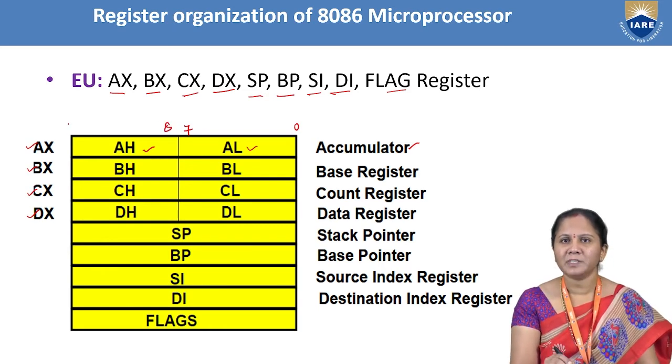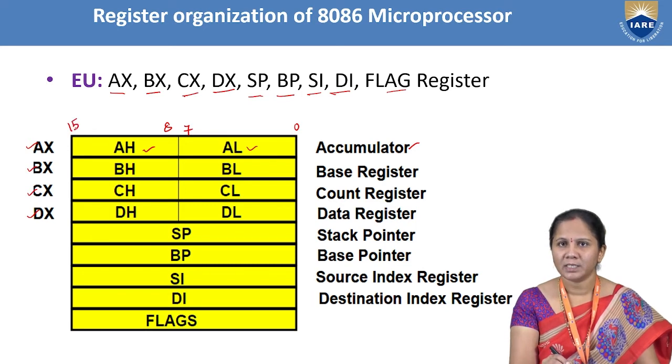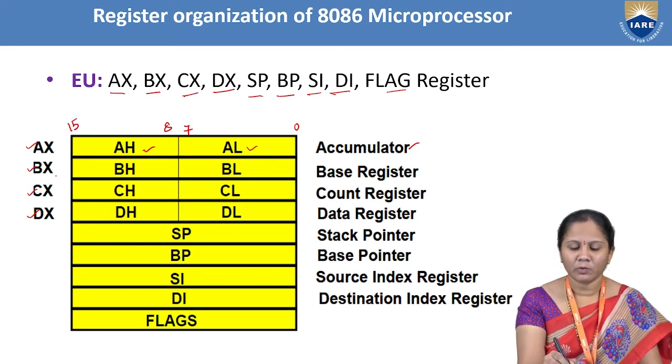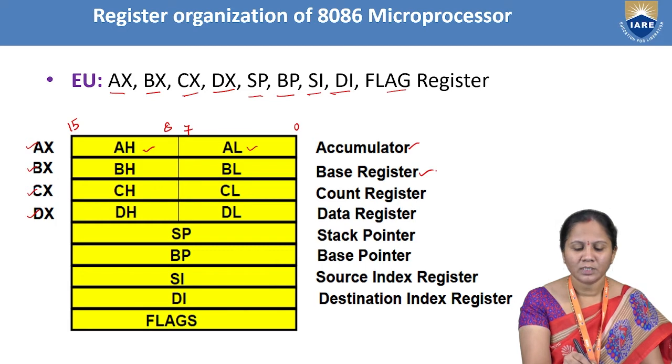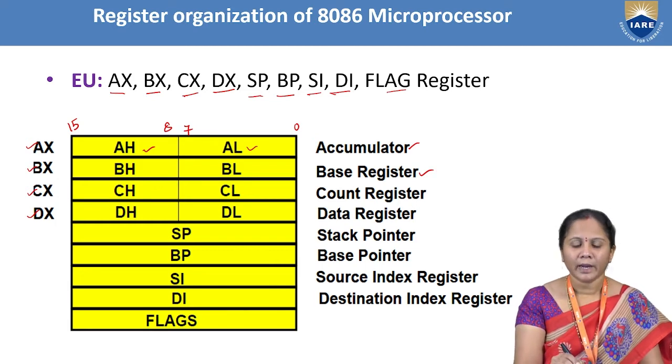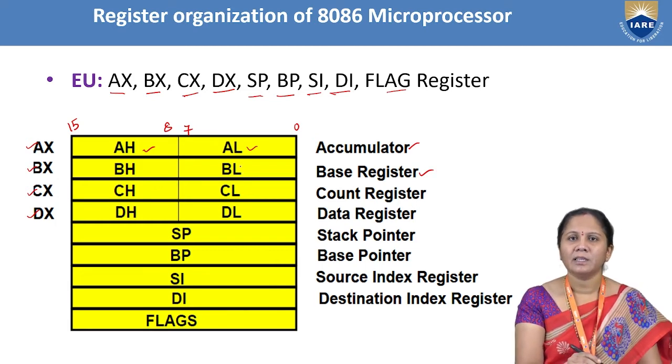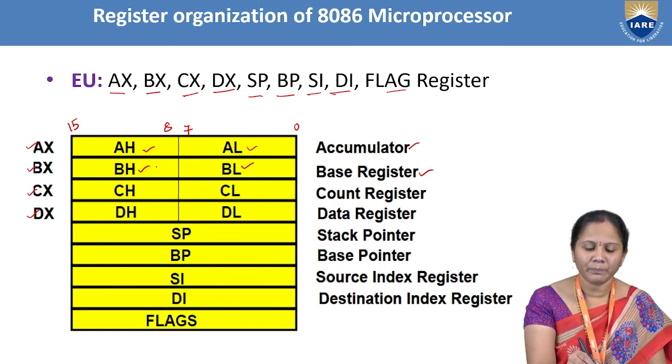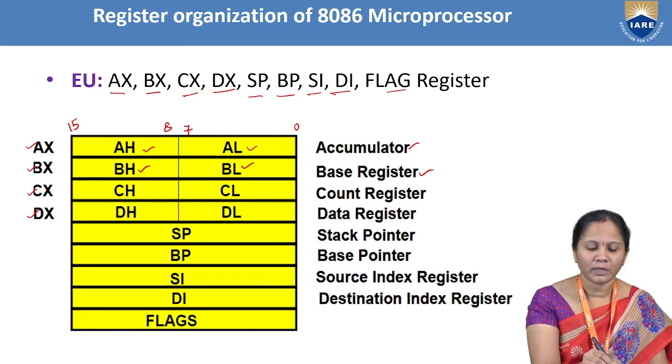So this AL represents the lower order 8 bits in the accumulator, that is it will be from 0 to 7, and here this AH represents the higher order 8 bits of accumulator. So this will be from 8 to 15.